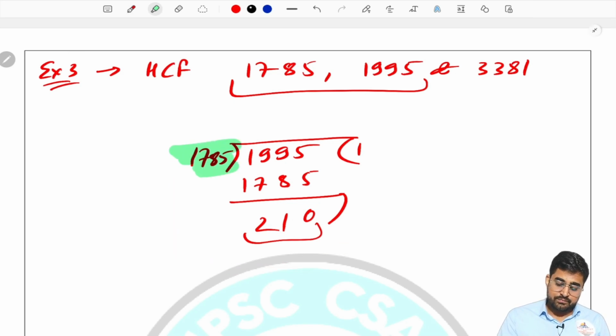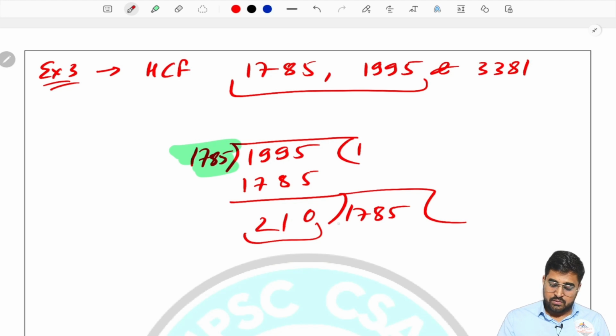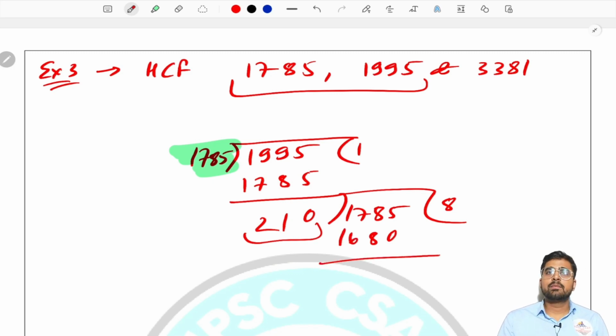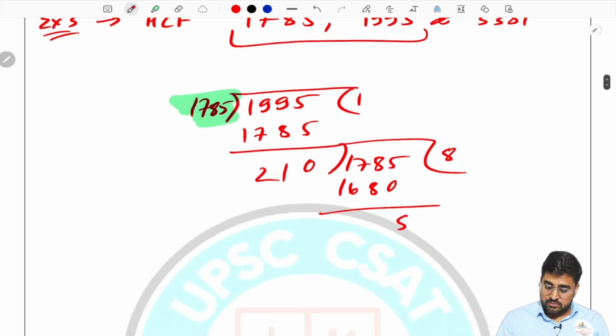Okay, 1785. Now it goes to 200 into 8 is 1600, so around 8 it will be. So 8 and it's 16. Okay, after that it becomes in the 1800 or 1900 range. So 0 1. Now again it's short.